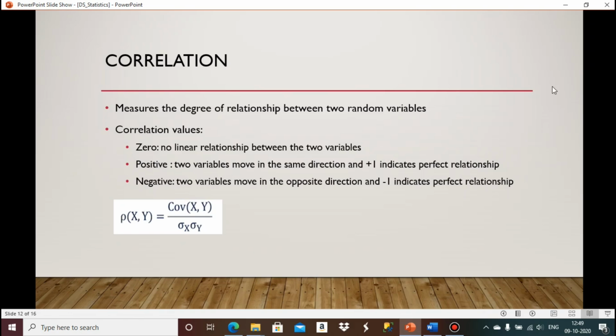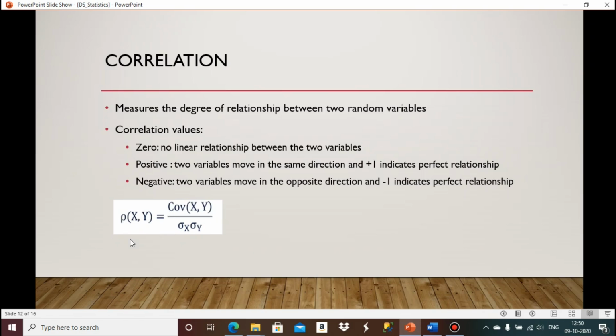You know the formula I have given you. Correlation of xy means covariance of xy, which you calculate first, and then you divide by the standard deviation of x into the standard deviation of y. This value will have no unit because you are dividing the covariance by this.